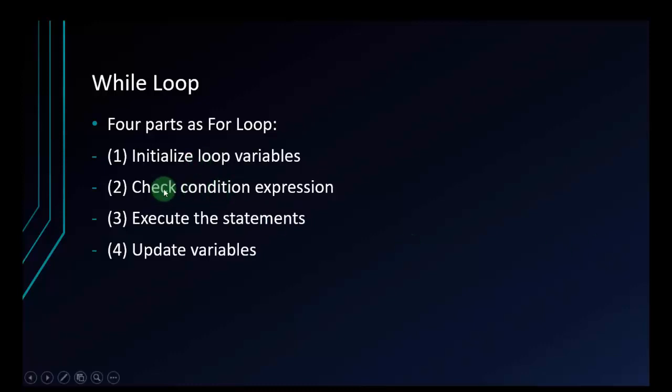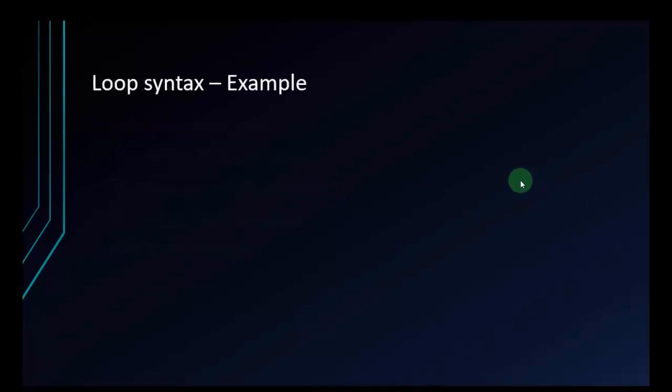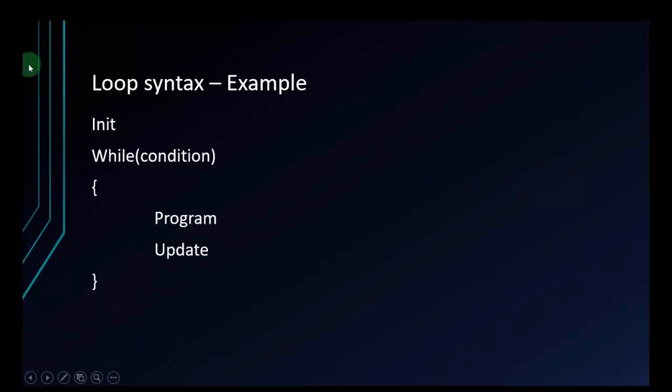Okay. And next is check condition, execute and update variable. Okay, it corresponds to the for loop like this. We must initialize the begin variable right here, and then we have a while loop. In while we have a condition, run the program after comparing with the condition and then update the variable.